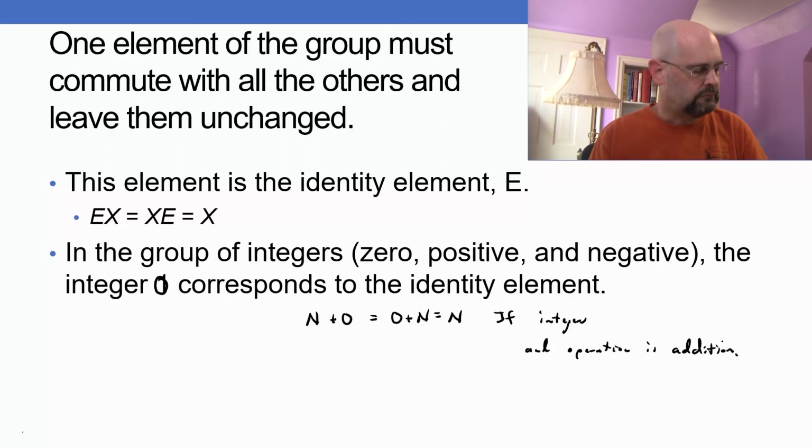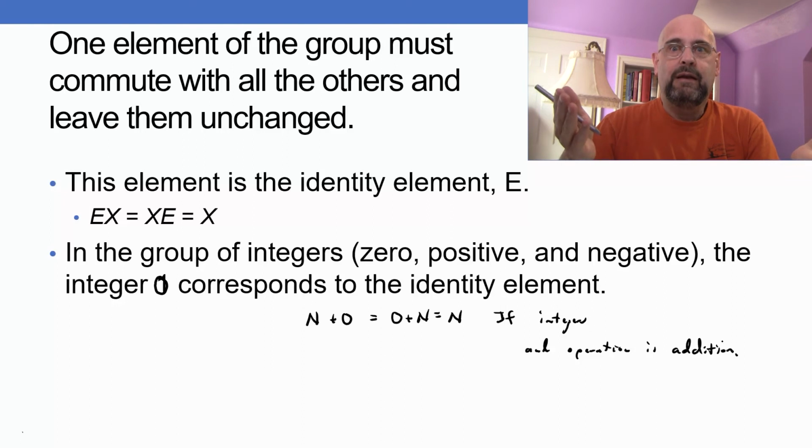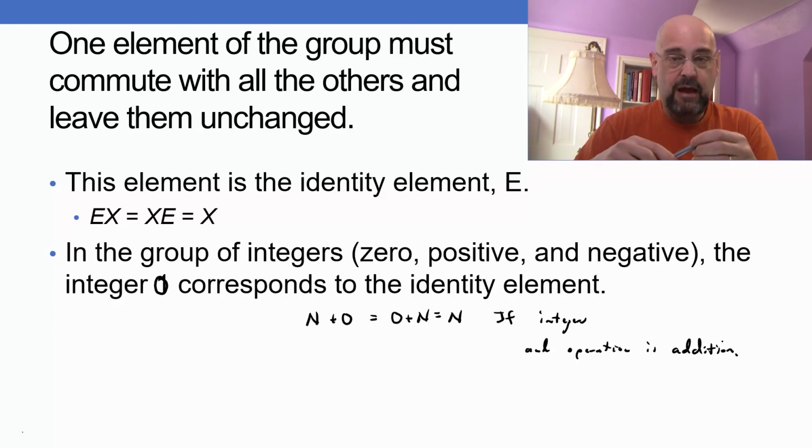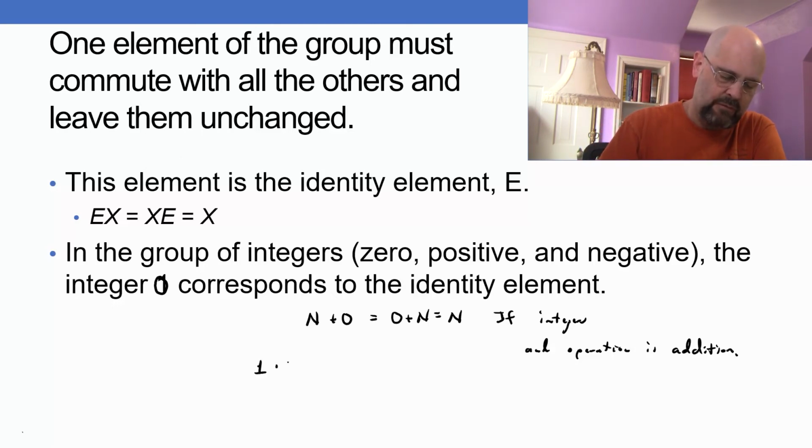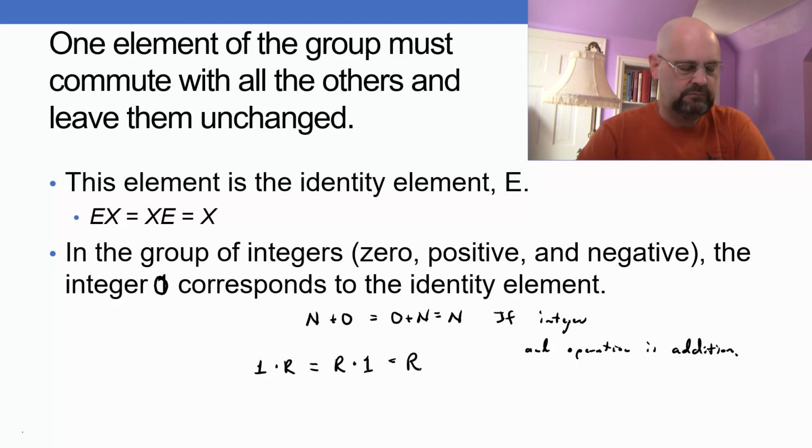If, on the other hand, we're talking about real numbers, and actually I think it would even work for the set of rational numbers, and we use multiplication for the product, then the integer 1 is going to correspond to the identity, namely that 1 times any real number is equal to that real number times 1, which is equal to that real number.